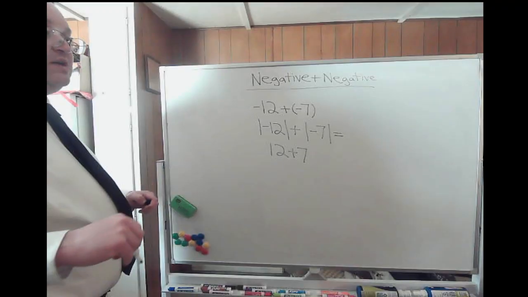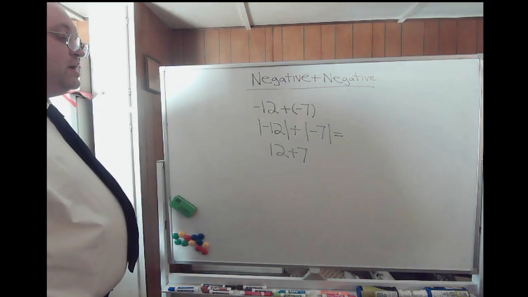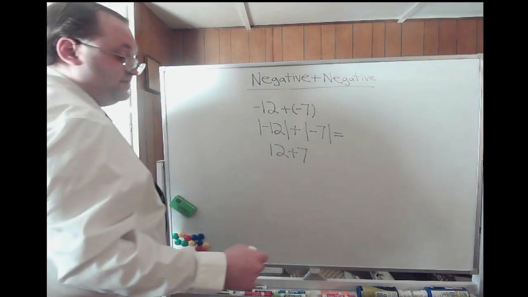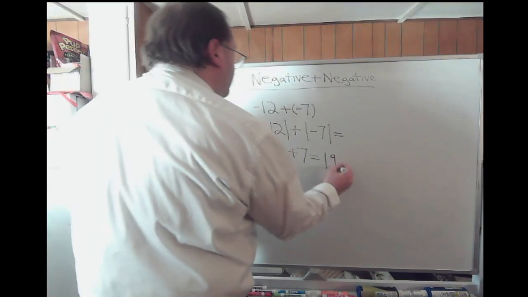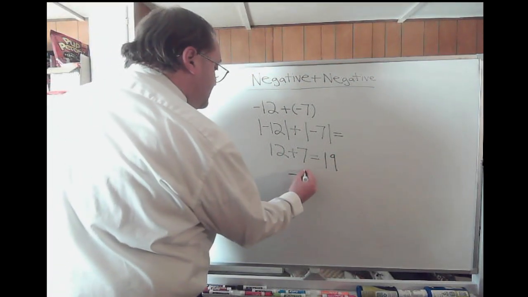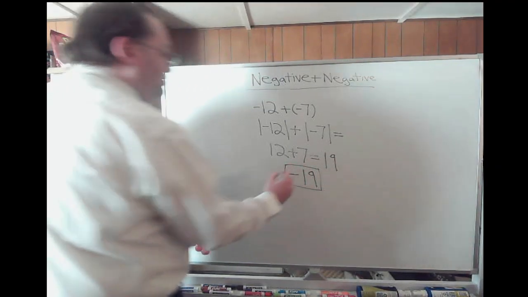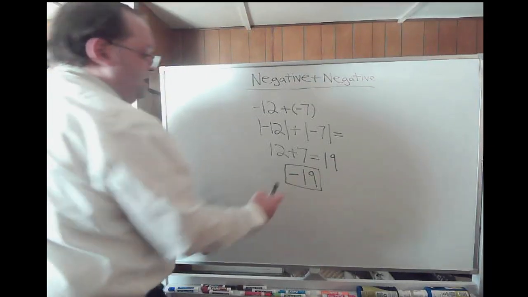So you would focus on what's in those absolute value brackets. So the absolute value of negative 12 is 12. The absolute value of negative 7 is 7. It would look like positive 19. However, your original equation, both terms are negative. In the end, you're just going to tack on a negative sign in front of the result you get from the absolute value equation. So the answer would be negative 19.